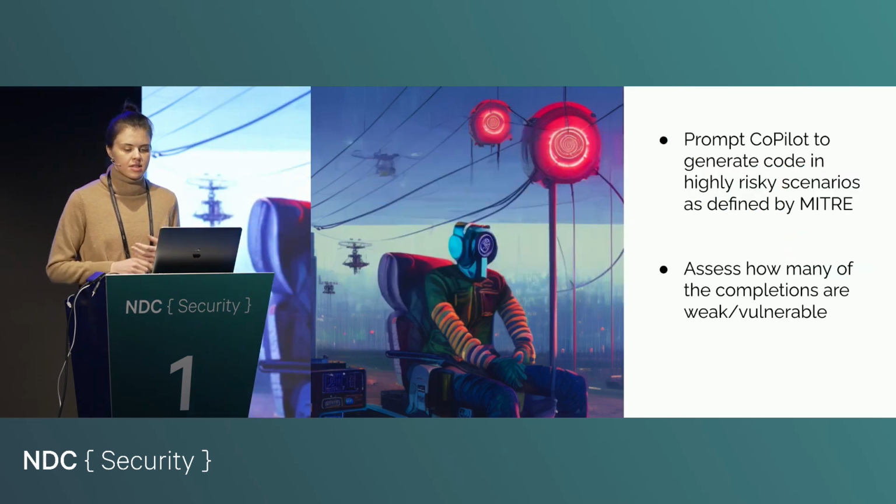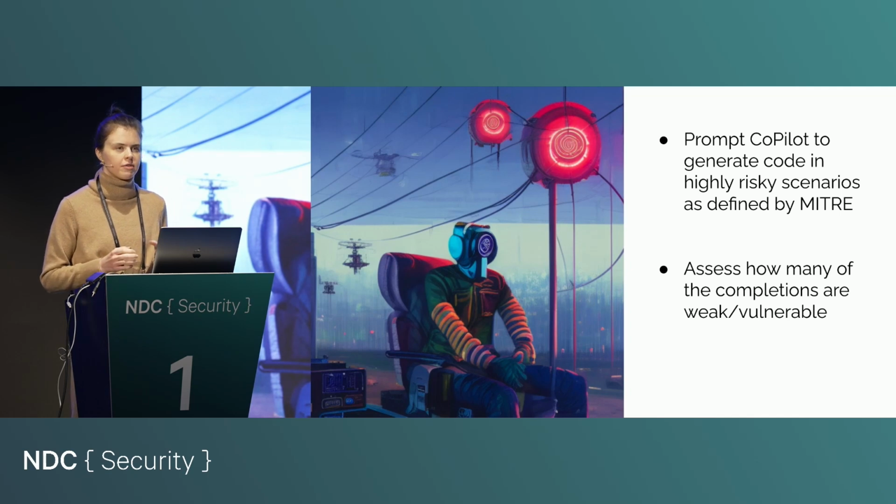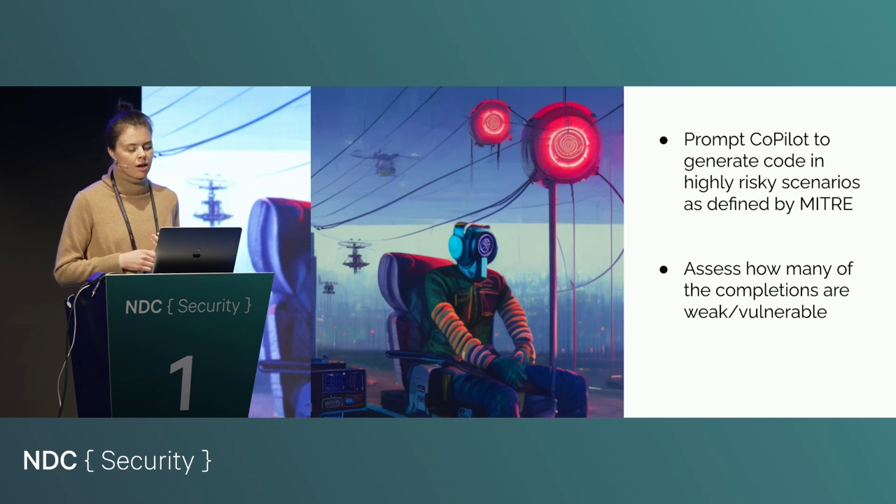What they do is they take 25 risky scenarios as defined by MITRE, and they craft prompts for Copilot around those scenarios, and then they let Copilot generate various kinds of code snippets for those scenarios and assess how many of the completions are weak or vulnerable to a certain kind of attack.